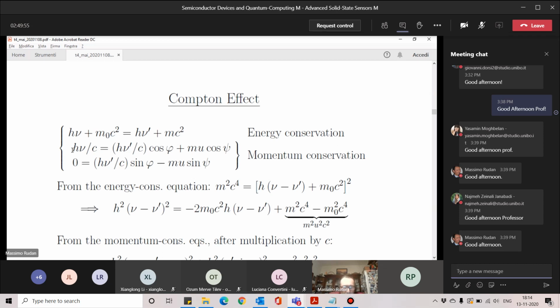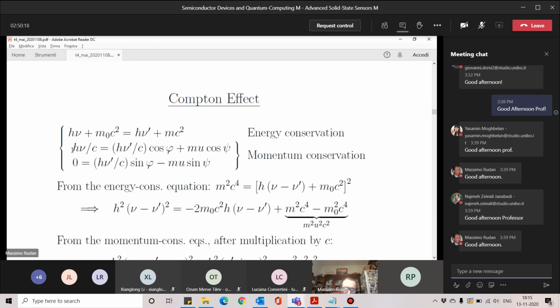The first equation is that of the energy. This is a little bit trickier because in relativity we must consider the rest energy. So on the left we have the initial energy of the photon, h-ni, plus the so-called rest energy of the electron, that is m0 c squared.